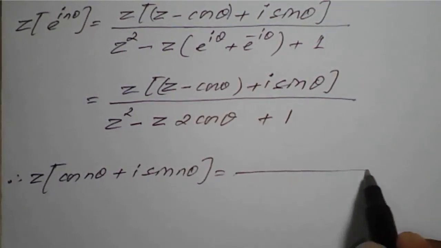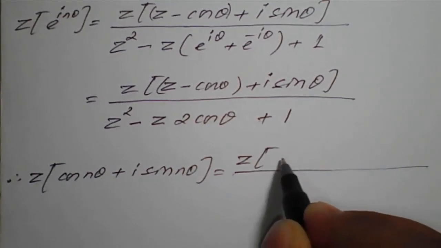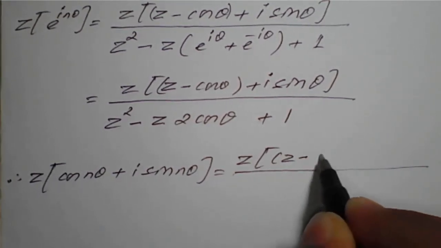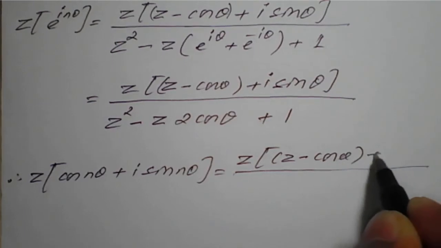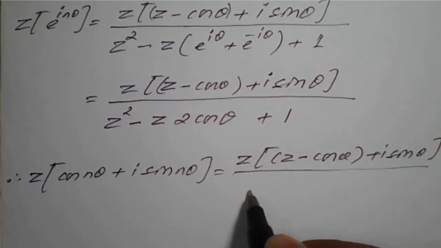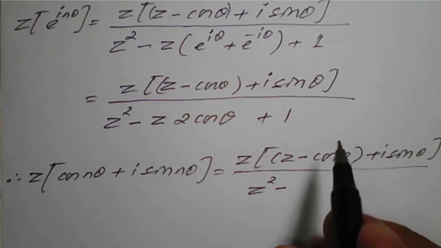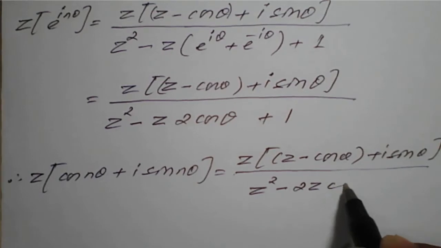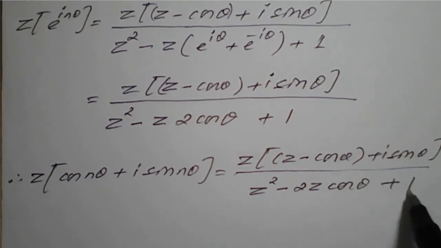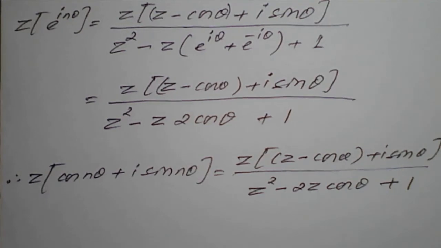So right hand side, you will write as it is, z of z minus cos theta plus I times sin theta whole divided by z square minus 2z cos theta plus 1. So this is the simplified form, we got it now here.